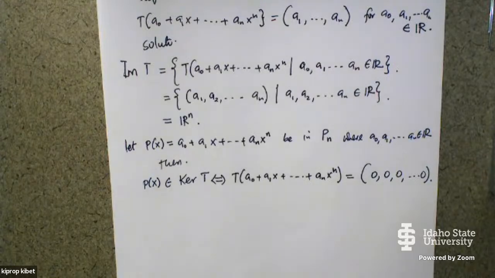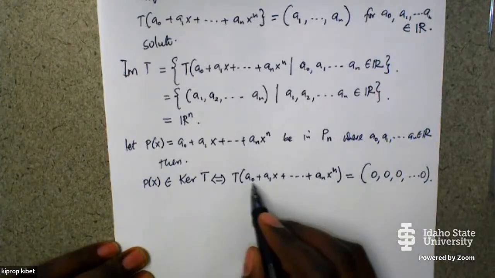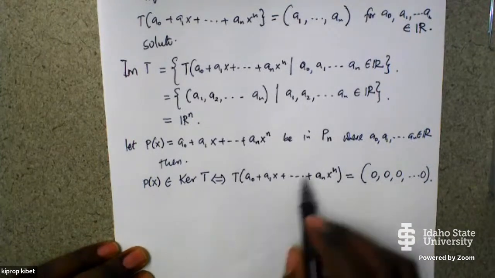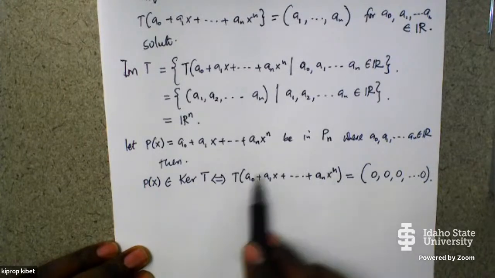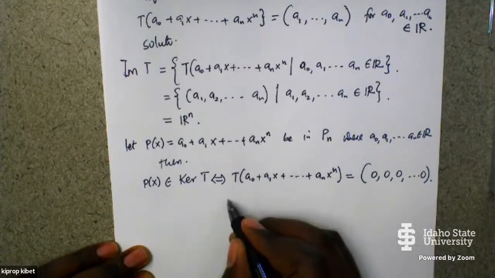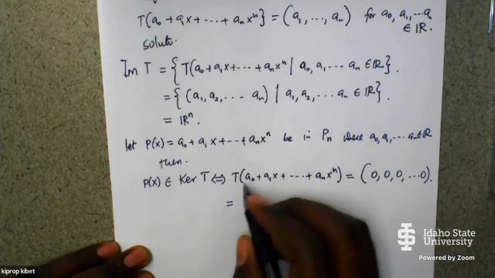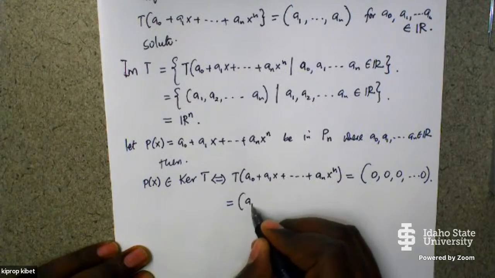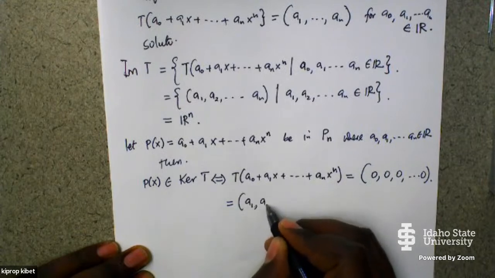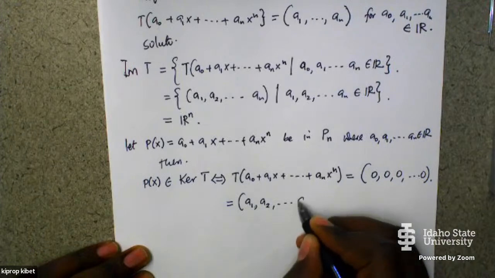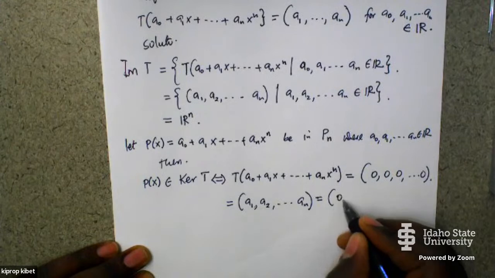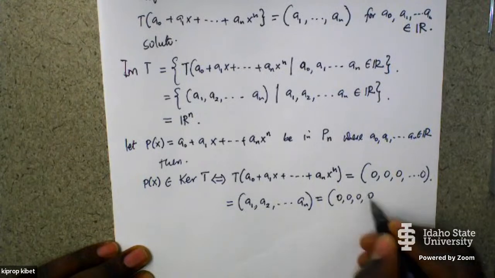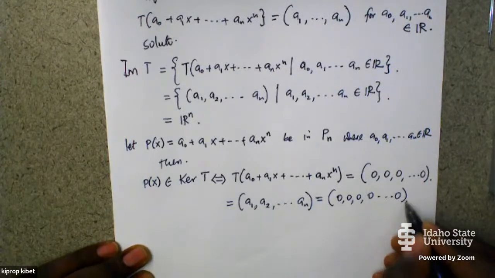So the kernel is equal to 0. Since this is the transformation, this should be equal to a1, a2, all the way to an, and all this should be equal to what? 0, 0, 0, all the way zeros there.